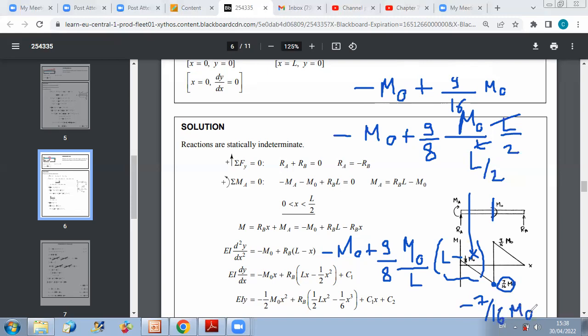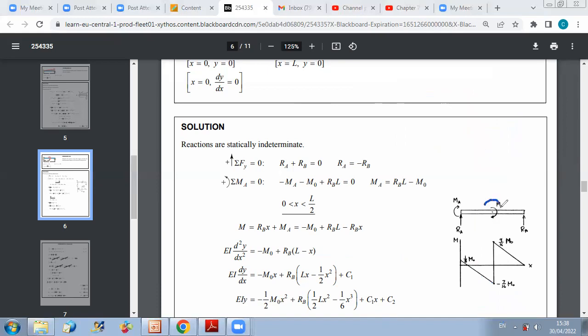And now you can expect that at this point I will have a sudden jump in moment, and I can verify this to make sure that my equations are right. Because I have a clockwise moment here, I should have a jump equal to plus M0 upward. So because I was at a value of minus 7 over 16 M0, if I plug in x equal L over 2 in the equation of M2, I should get plus 9 over 16 M0.